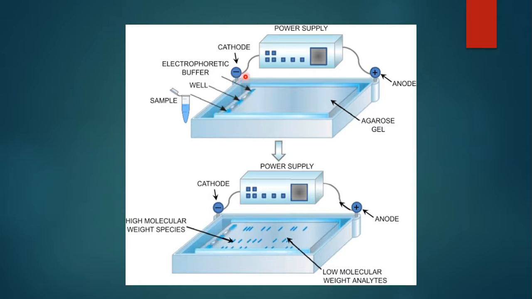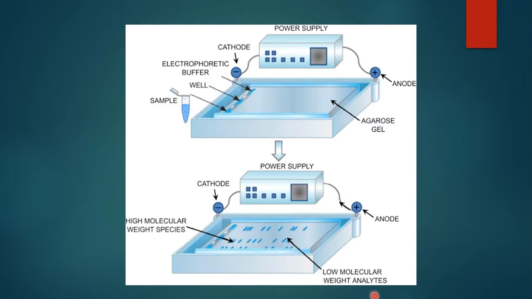And if you observe, here is a circuit connected to it, having the cathode and the anode parts, and after the power supply, the molecules of the sample that we placed here show different bands. So these are all the molecules that are separated from the sample depending upon their size, shape, and mobility.